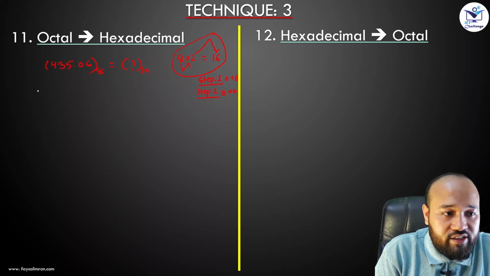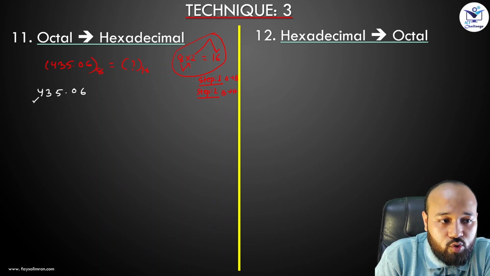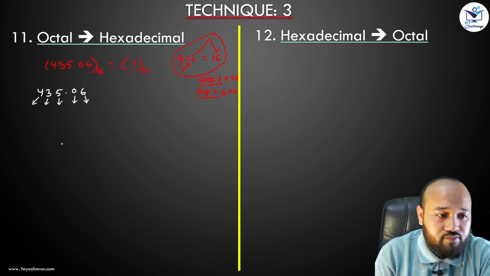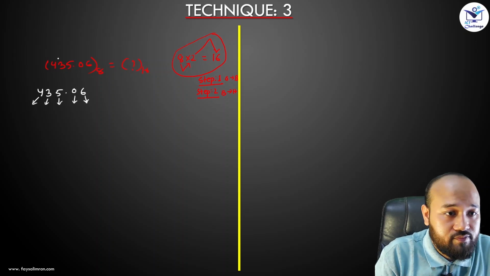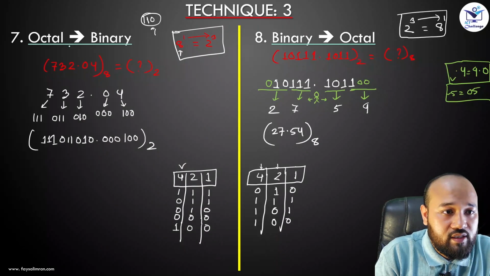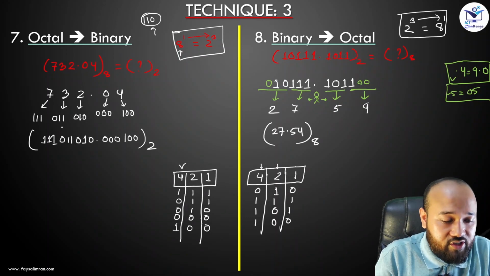So we have to write 435.06, this is the octal number. So at first we have to go to our binary number system. We already know what the rules are, because this is rules number 7, octal to binary. We have to convert to 3 digits of binary.